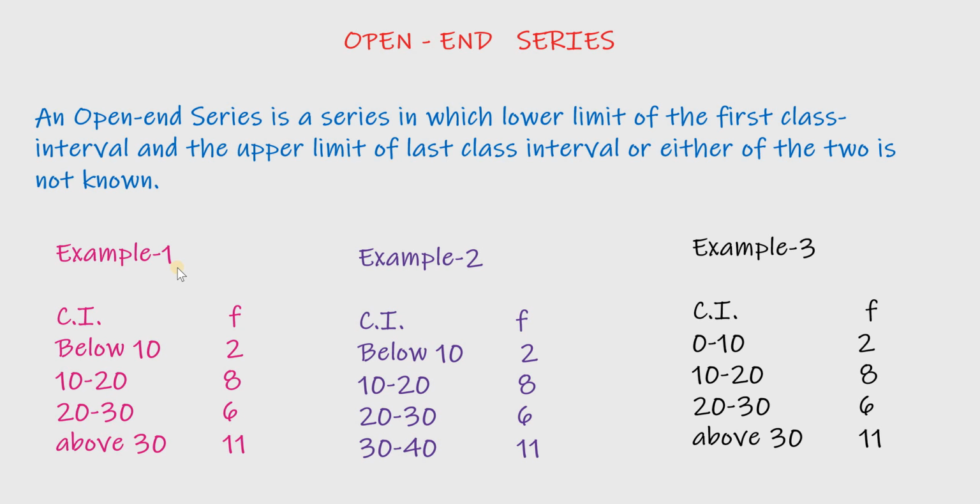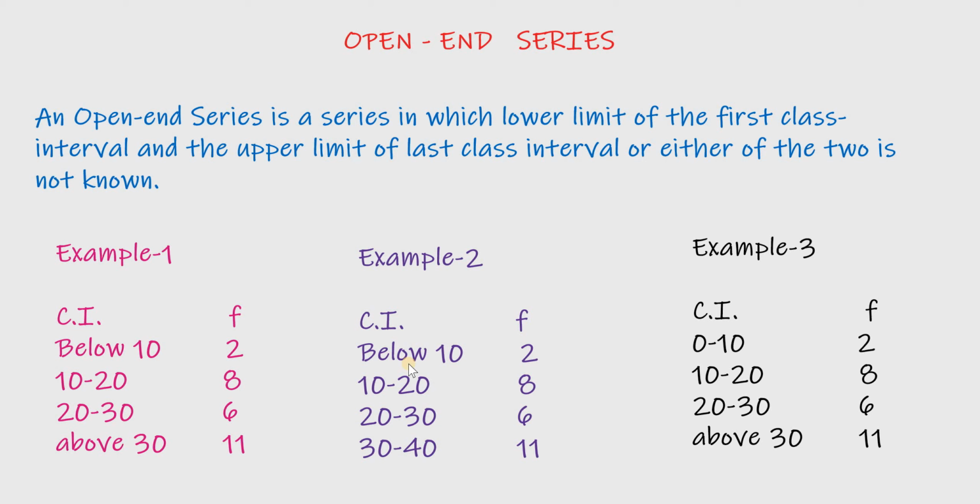So here in example 1 you can see that this series is open-ended: the lower limit of the first class interval is missing and there is no upper limit of the last class interval. Both ends are open in this series.